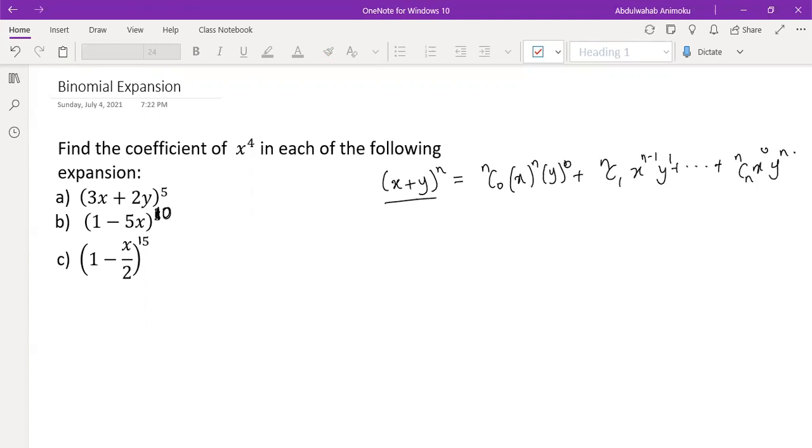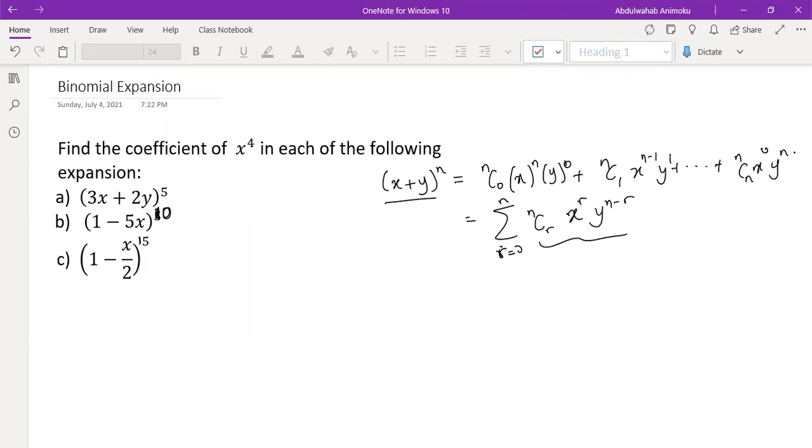Now, I want you to notice that in simpler terms, we can write this as x raised to power r, y raised to power n minus r. Each term in this expansion can be written this way, where r moves from 0 all the way to n.